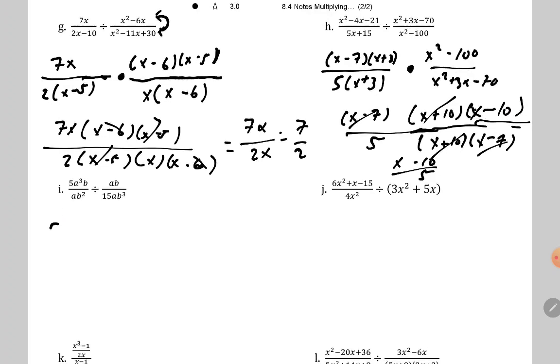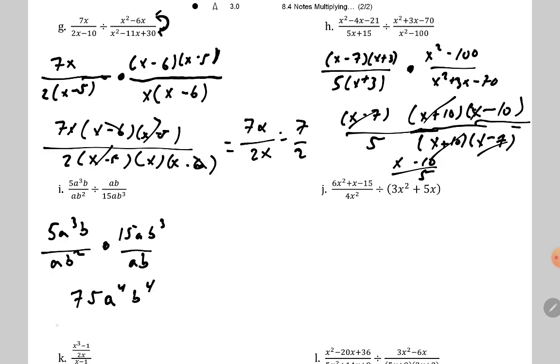Okay, 5a cubed b squared multiplied by 15ab cubed over ab. So let's go ahead and multiply all these together. 5 times 15 is 75. A cubed times a is a to the 4th.